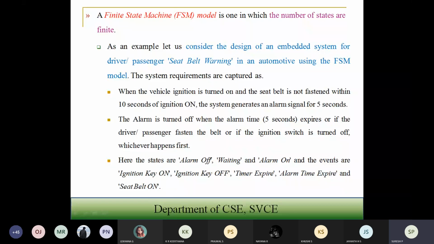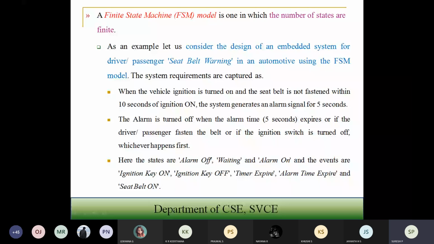Now the technology is advanced, and obviously the seatbelt warning has also changed compared to the description given in your textbook. All of you have experienced the seatbelt alarming system, which is a typical example for your state machine model.